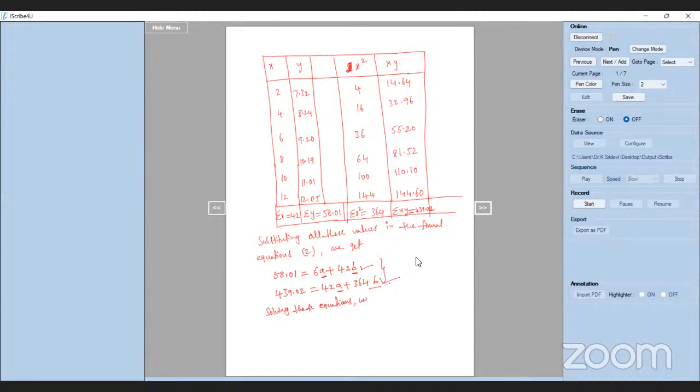Yeah, you can give equation 3 and 4. Solve these equations 3 and 4. 406.07.